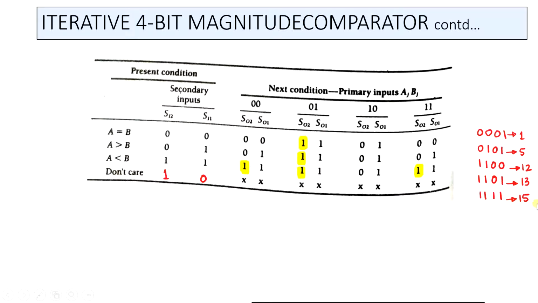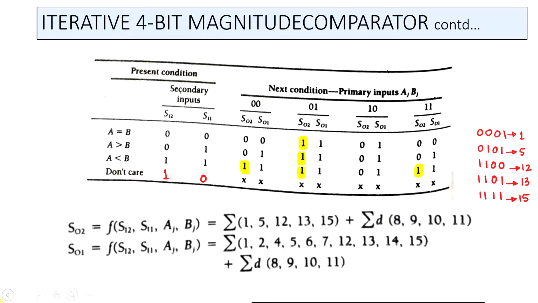Now when I write the expression for SO2, I have considered all the expressions for A equal to B, A greater than B, A less than B, but I also need to consider the don't care terms. For the don't care term, the encoded bit will be 10. That is what I mentioned earlier.